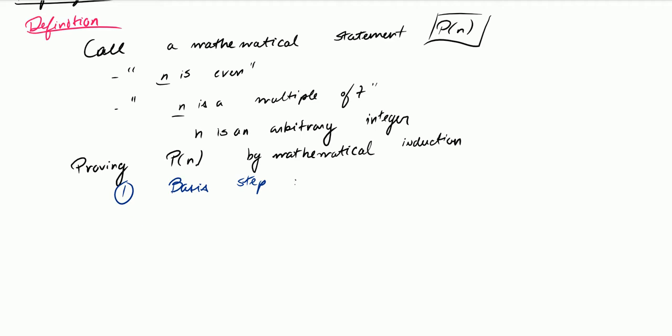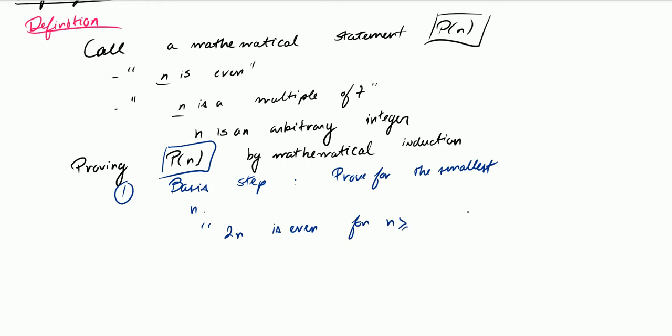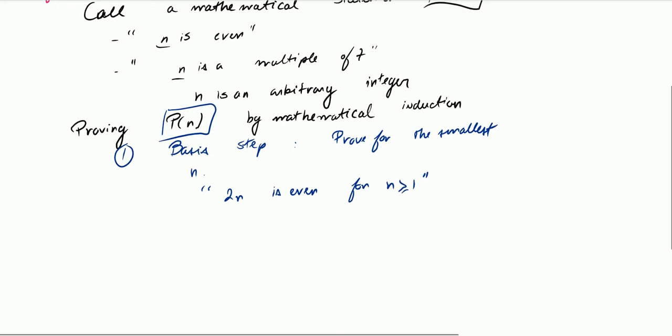In the basis step, you prove for the smallest n. What I mean by that is you evaluate your statement Pn at the smallest applicable value of n. So for example, if I tell you the statement 2n is even for n greater or equal to 1, your basis step will just be showing that 2 times 1 is equal to 2, which is clearly even. That's your basis step.